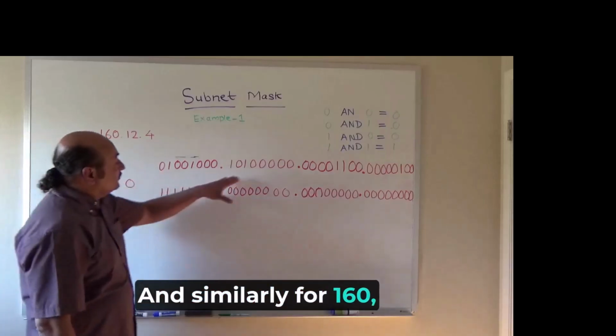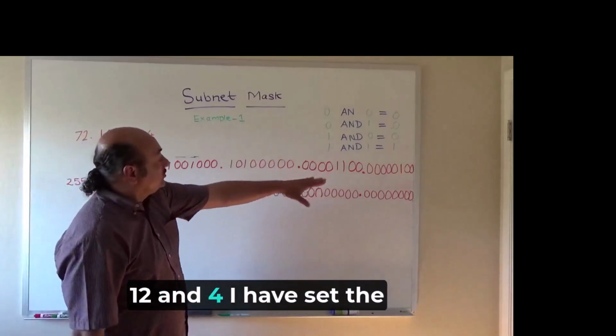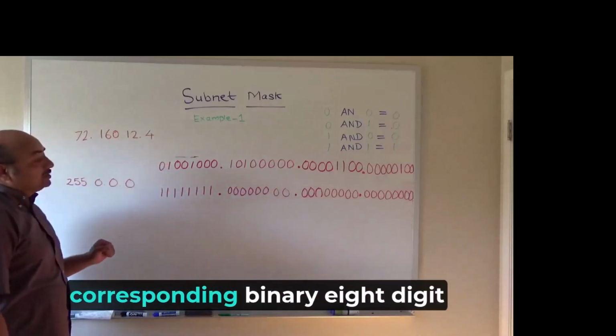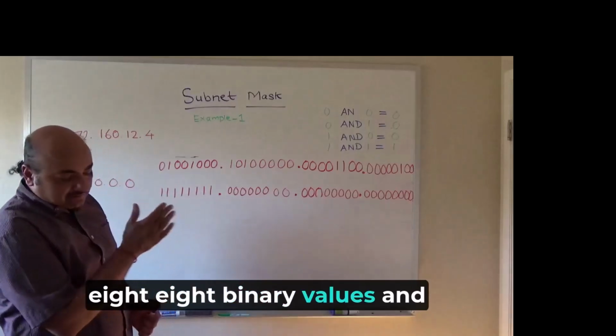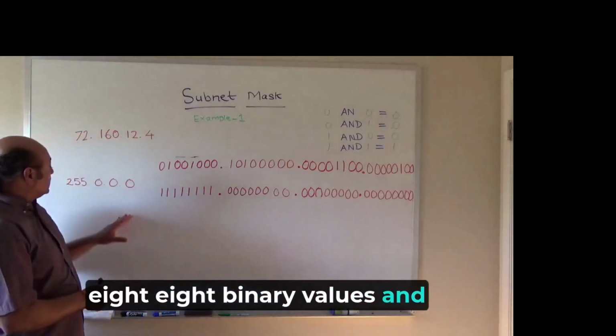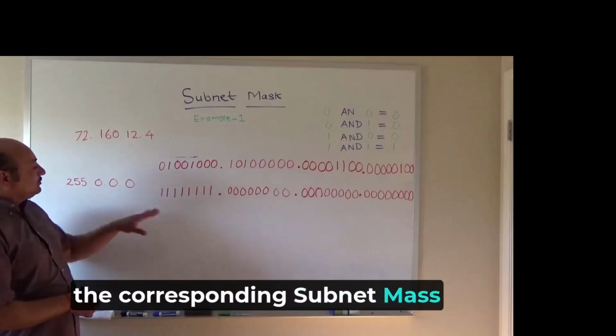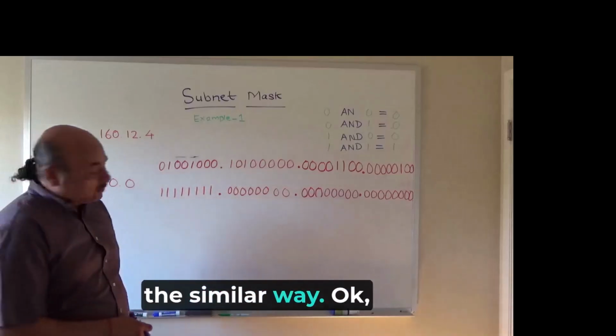And similarly for 160, 12 and 4, I have set the corresponding 8 binary values. And the corresponding subnet mask has also been expanded in the similar way.